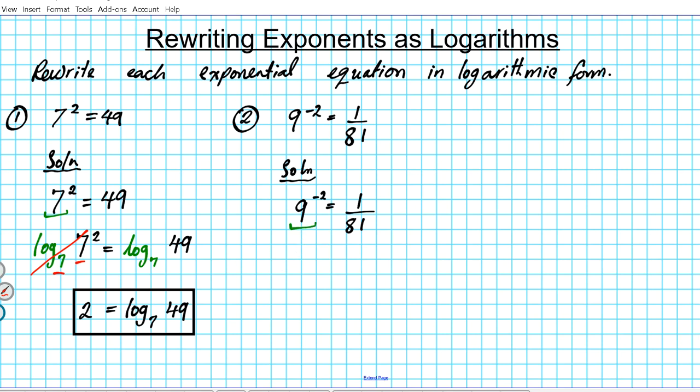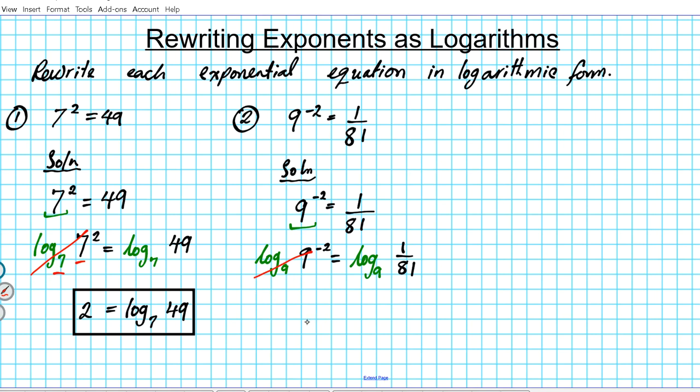So we're going to take log base 9 of the left side of the equation, which is 9 to the negative 2 power. And that's equal to log base 9 of the right side of the equation, 1 over 81. On the left side, we see that the base of the log and the exponents are identical, so they basically cancel each other out.